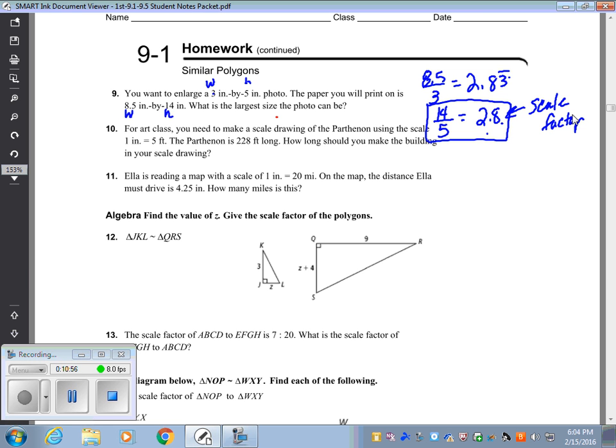So I'm going to keep my ratio of 14 by 5. So we basically need to find our biggest width, which is the 8.4.